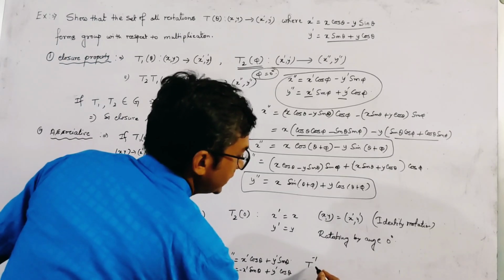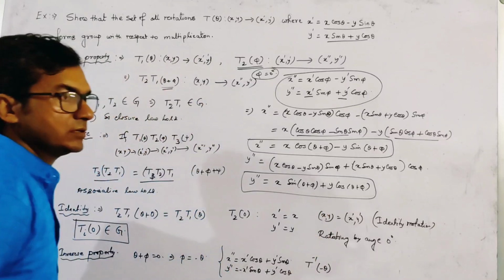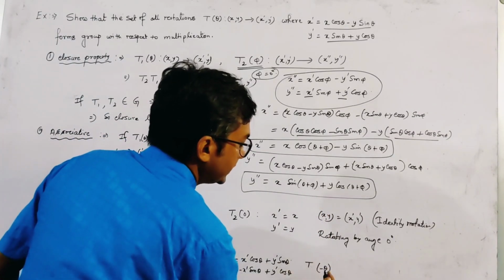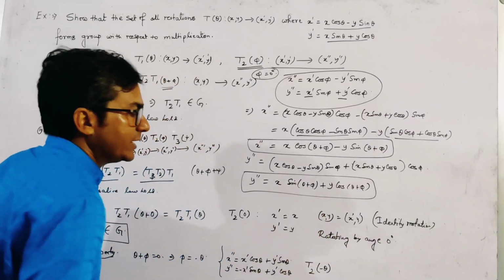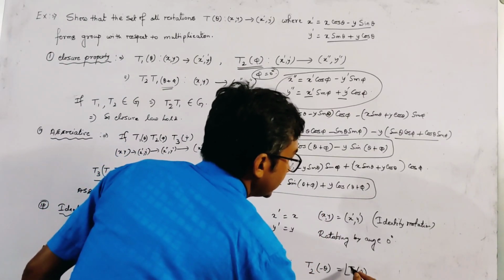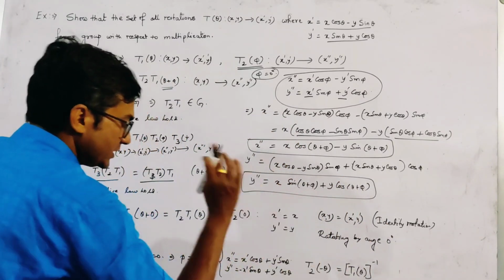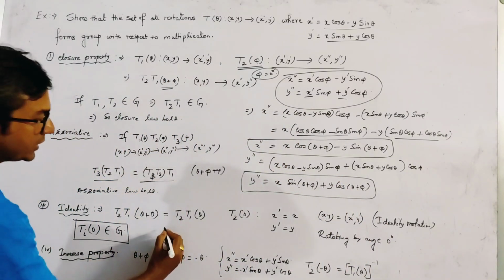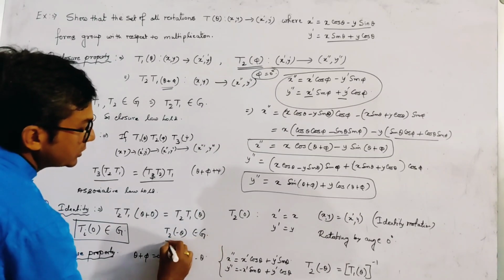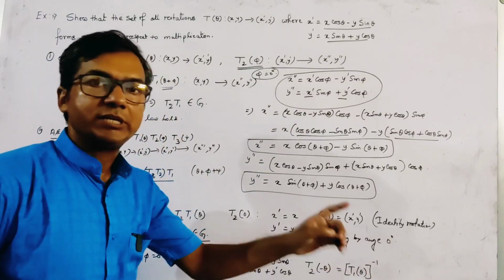And this rotation is T inverse of minus theta. This is T2 of minus theta, and this is given by the inverse of T1 theta. T2 of minus theta must belong to G, and this is the inverse of T1 theta.